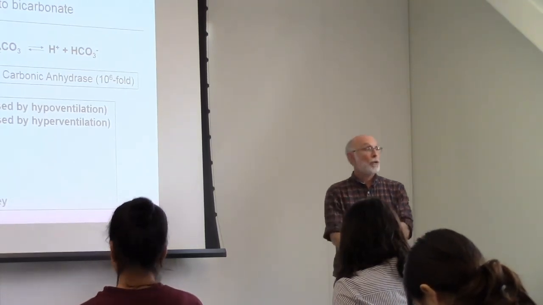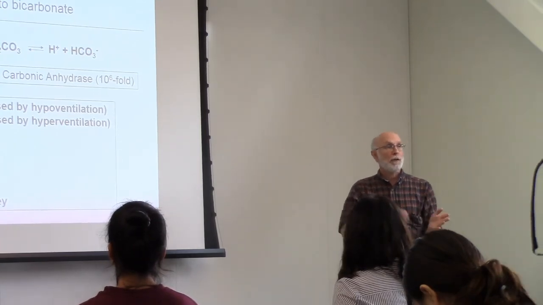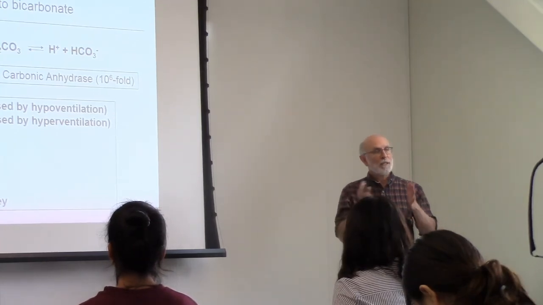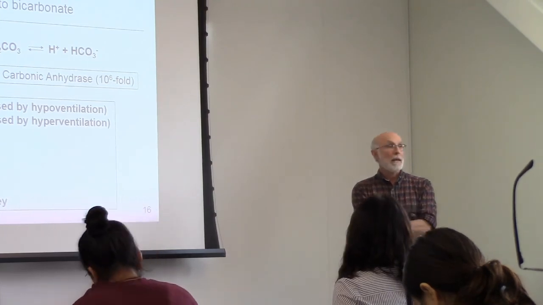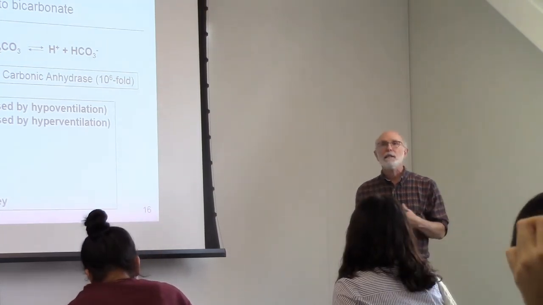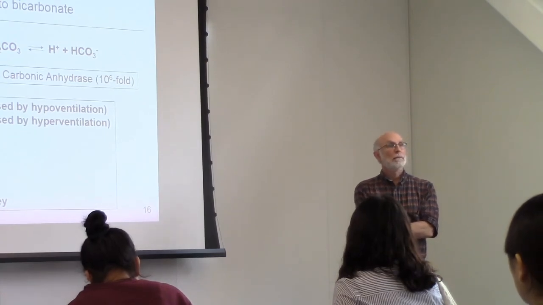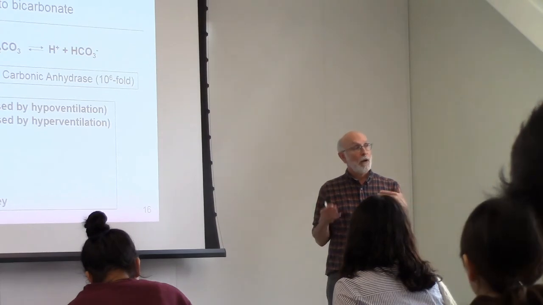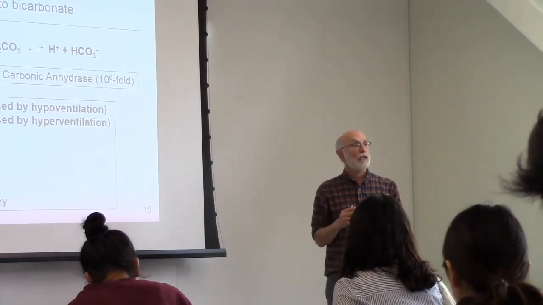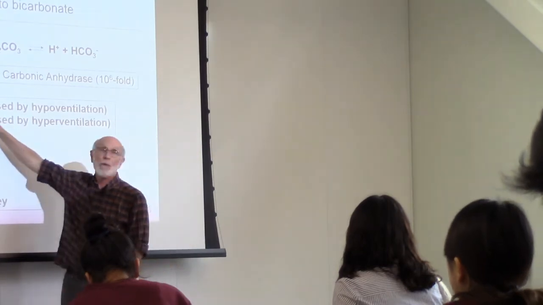And if our pH goes even 0.2 units away from 7.4, 7.2 to 7.6, if we go outside of that range, those enzymes start to fail, and our whole bodies, our brain, our kidneys, our muscles stop working well. And so our body has evolved very highly controlled mechanisms to keep the pH at around 7.4.